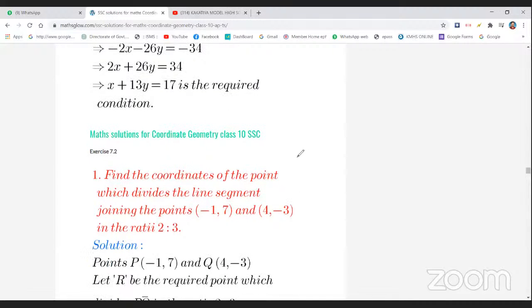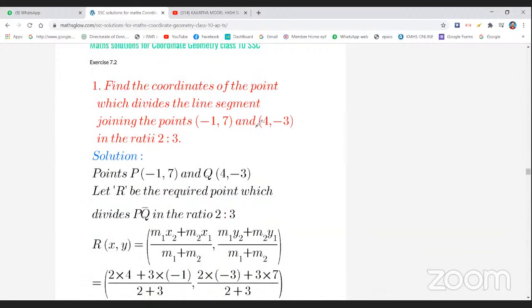So let us do exercise 7.2 problem. Find the coordinates of the point which divides the line segment joining the points (-1, 7) and (4, -3) in the ratio 2:3. So here the line segment is joining (-1, 7) and (4, -3). I will draw it here. So this is the line segment.